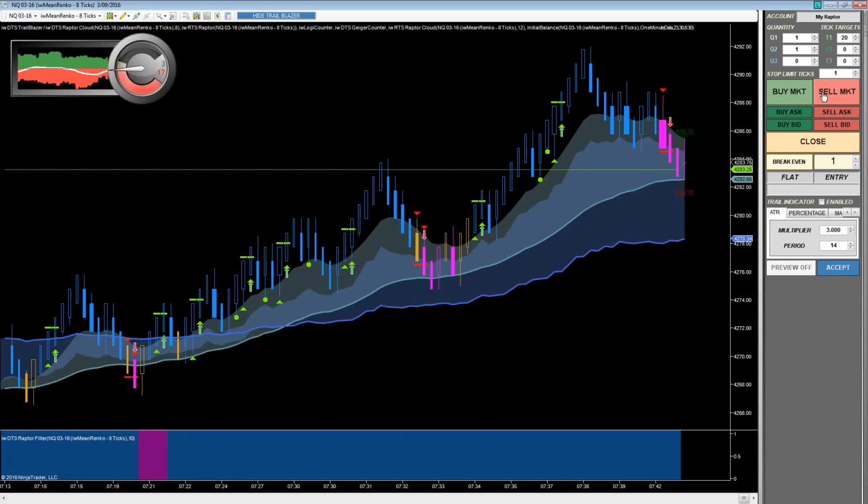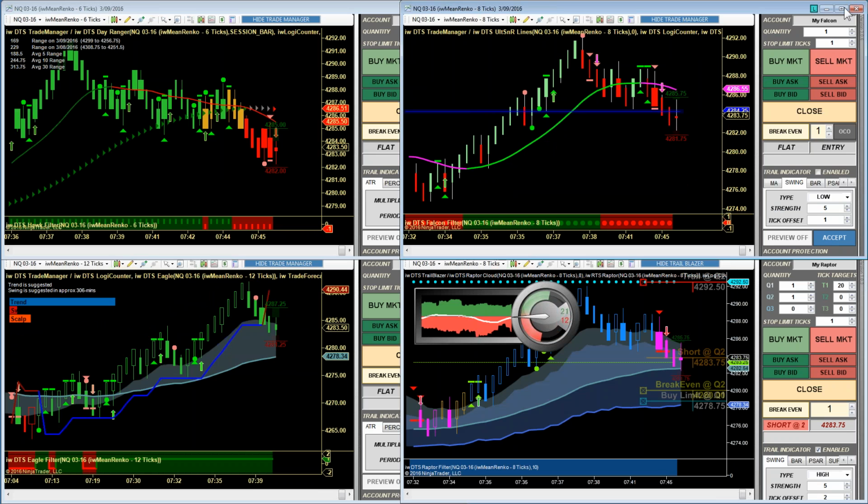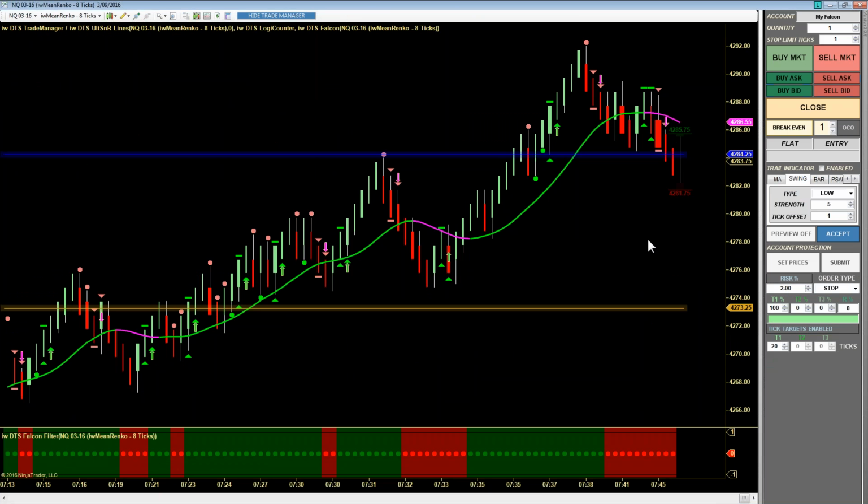Well, here, I'm going to punch in an order here on the Raptor. We're going to throw a stop in above the highs. And we'll see whether the Falcon will give us a trend change signal.